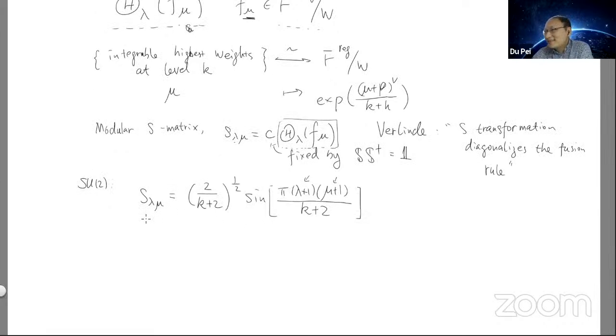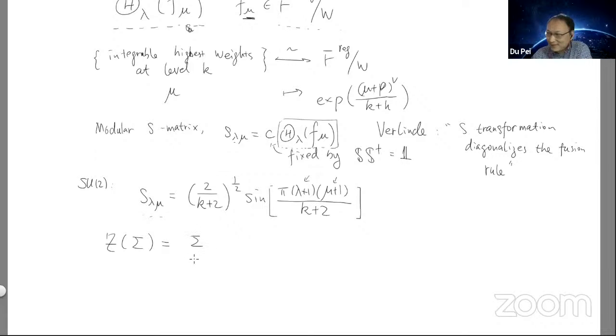One application of such a concrete formula for the S matrix is that it would enable us to easily compute the partition function of the 2D TQFT on a genus g Riemann surface. Because it diagonalizes the fusion rule, you can simply cut a genus g Riemann surface into a pair of pants.